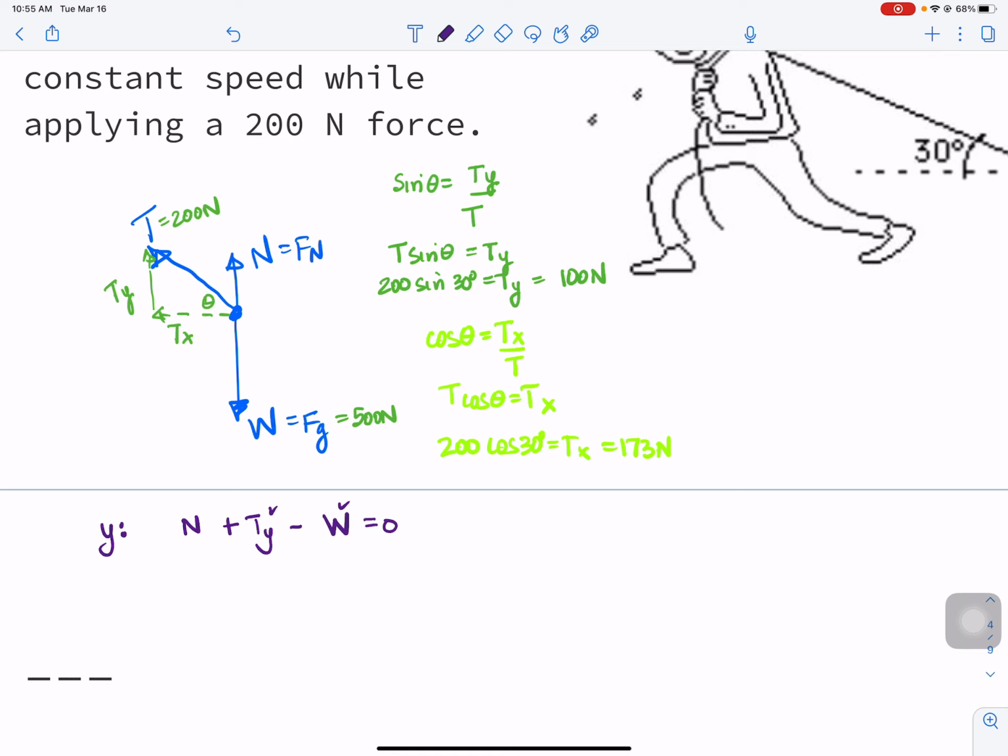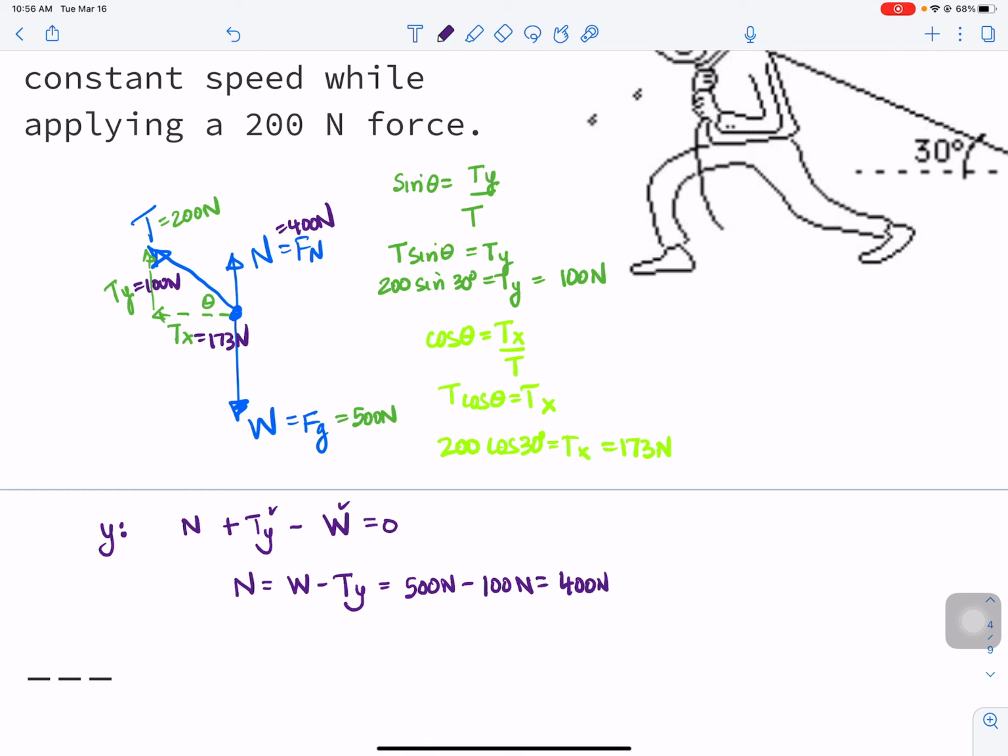So we know that N is equal to W minus Ty, and this is equal to 500 newtons minus 100 newtons, and so that is equal to 400 newtons. So normal equals 400 newtons, Ty we know is 100, Tx is 173.